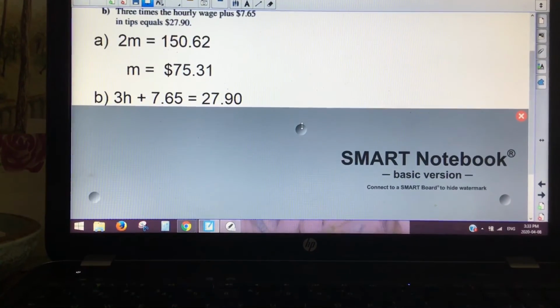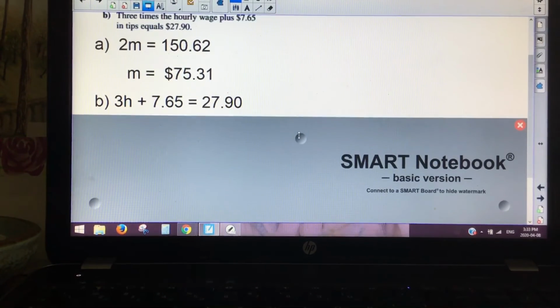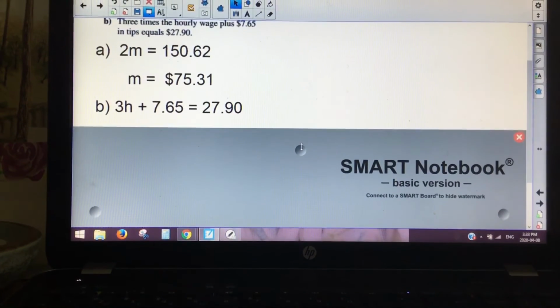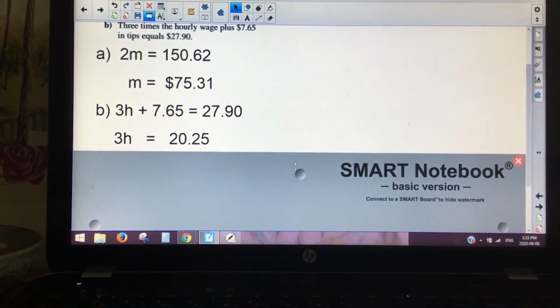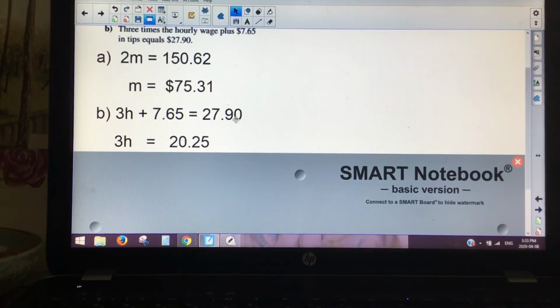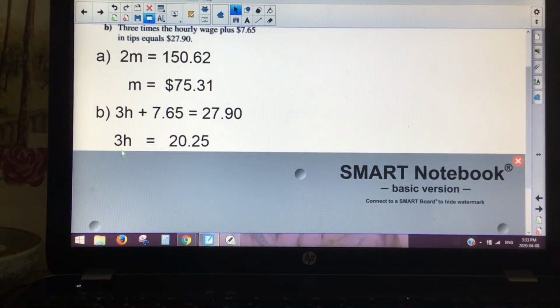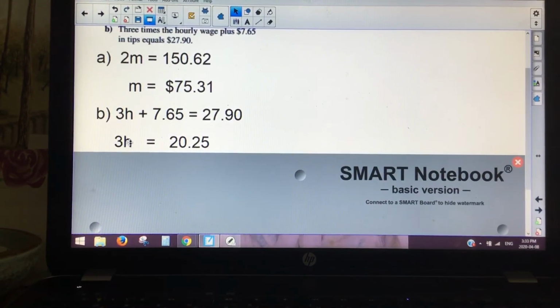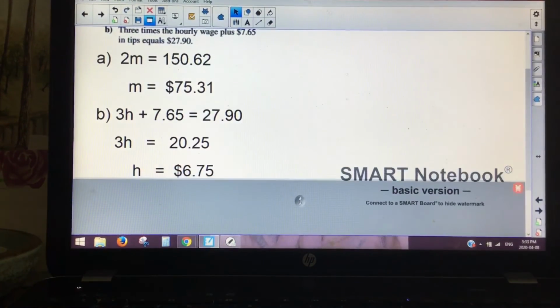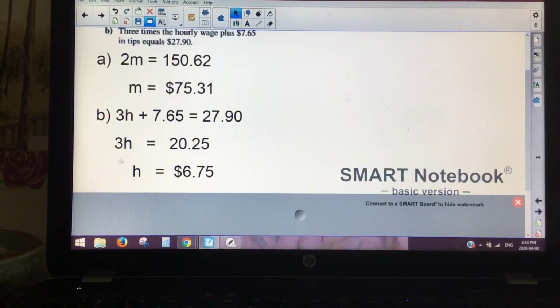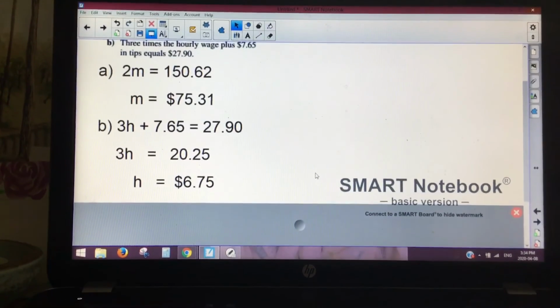First thing we need to get rid of here is the adding 6.75. So I subtract 6.75 from the left, I subtract 6.75 from the right. So I'm left with 3 times my hourly wage is $20.25. I don't want 3 of them, I want 1. I divide by 3, I divide by 3. So the hourly wage is $6.75.